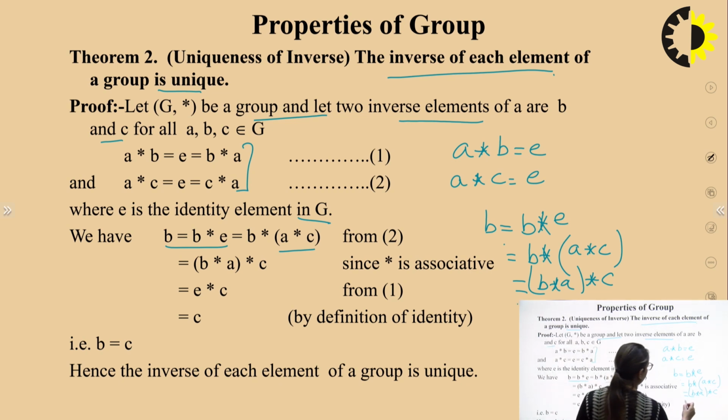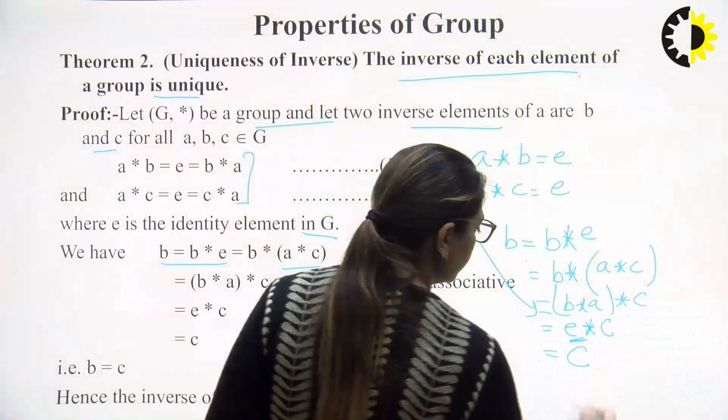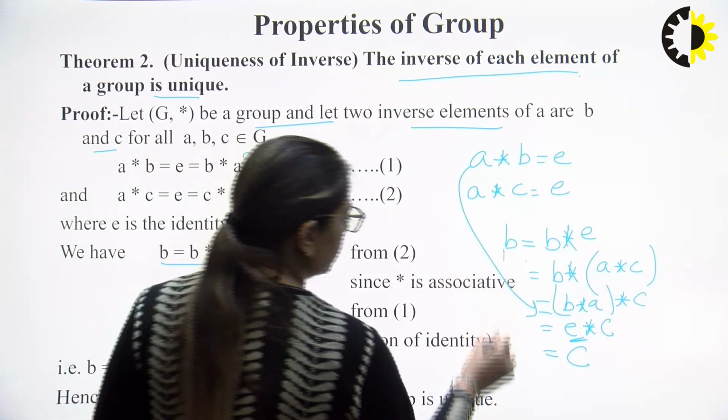From this we can write it is E star C, and this is the identity element, so it will give C only. So B is equal to C.